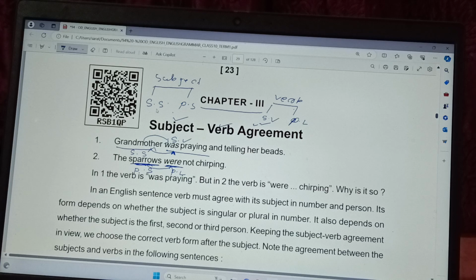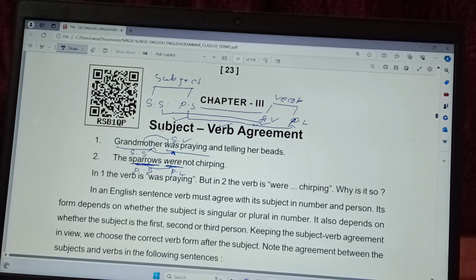So subject verb agreement means the singular subject agrees with the singular verb, and the plural subject agrees with the plural verb.